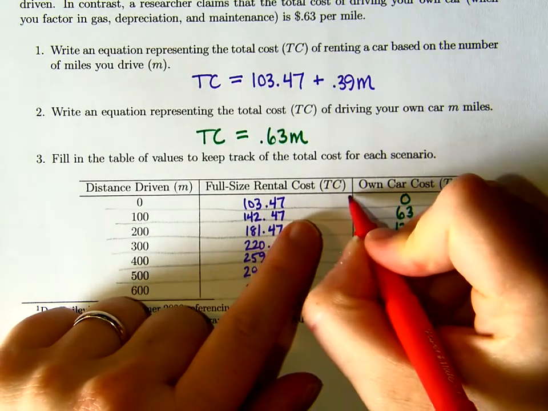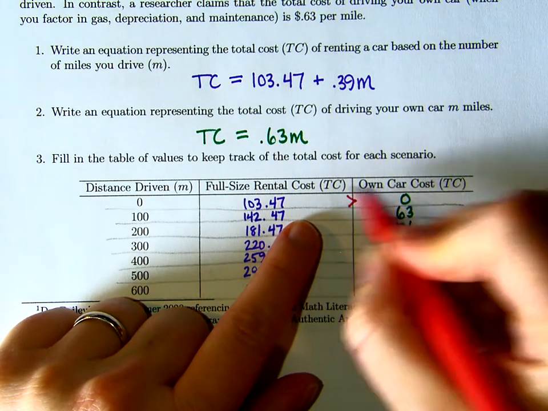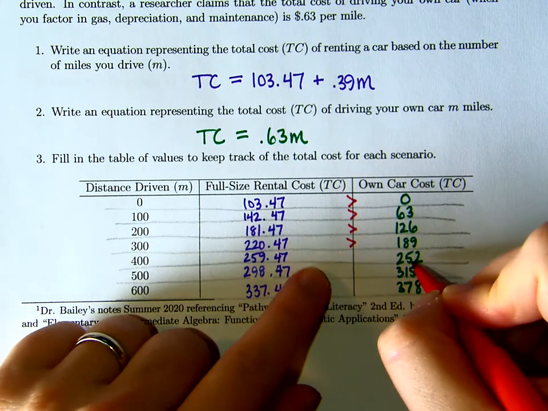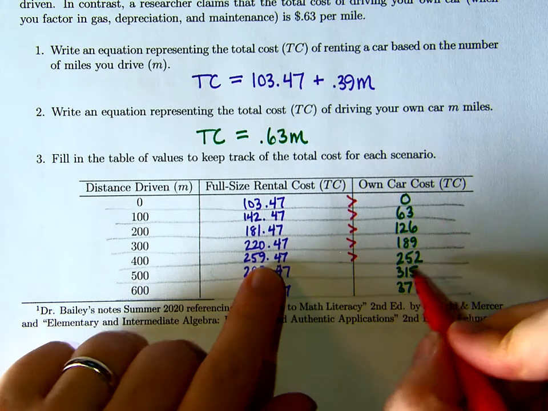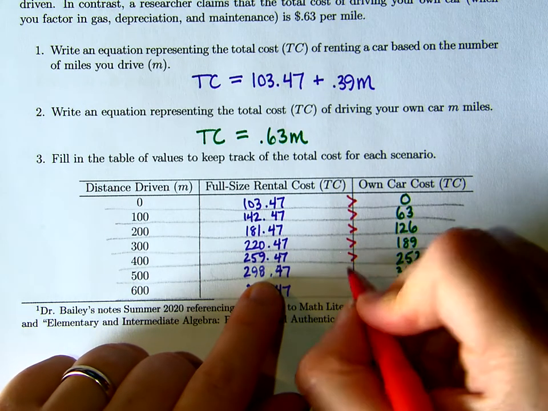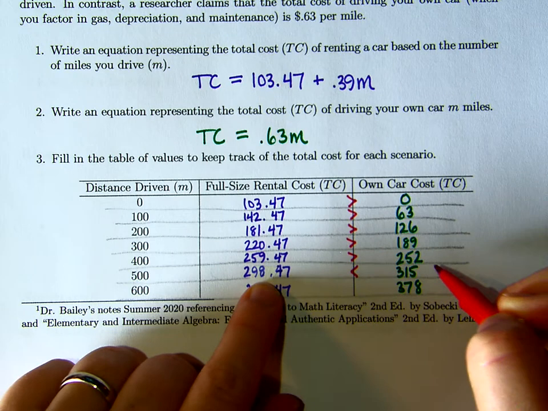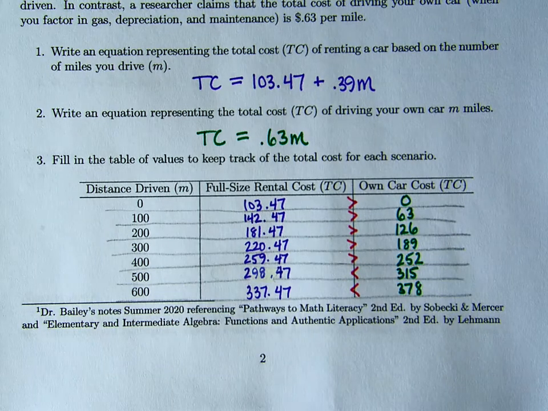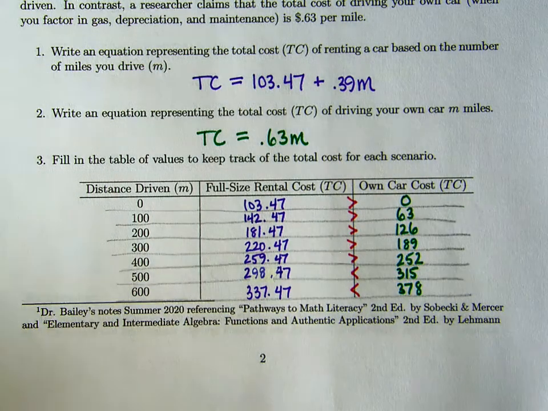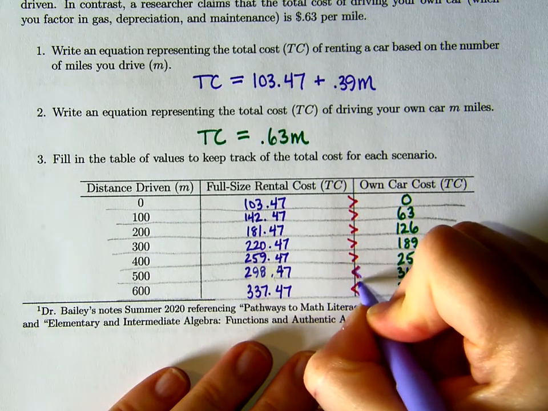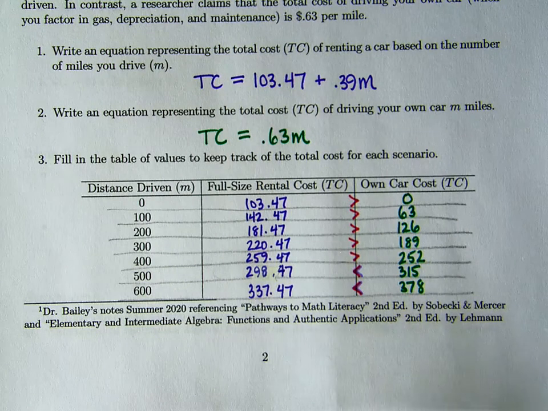So this is cheaper than that. Cheaper to use your own, still cheaper to use your own, but a $7 difference here. And then all of a sudden it is cheaper to take the rental car. Okay, so there's a point at which it switches from taking your own to using the rental.